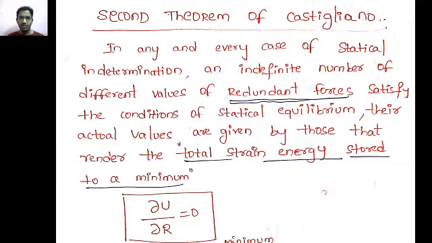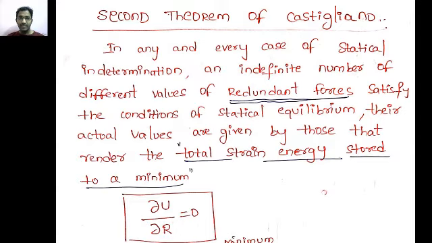So the output in the first theorem is deflection, but in the second theorem of Castigliano we are going to find out the redundant force. What is this redundancy? We know static indeterminacy. What is meant by static indeterminacy? The number of unknown forces with respect to the equations of equilibrium.